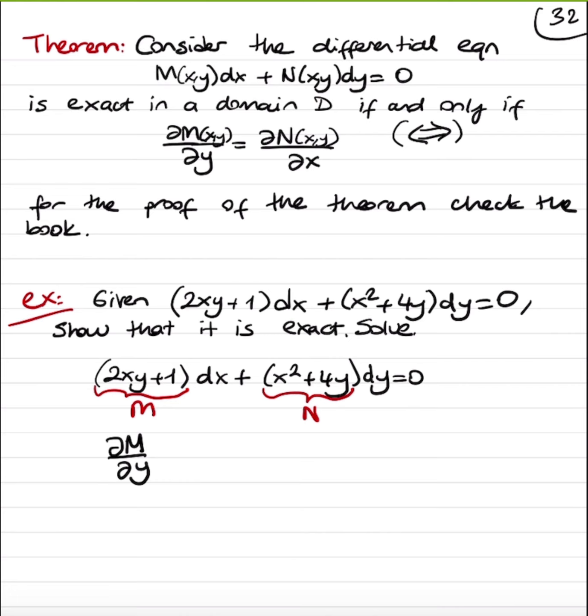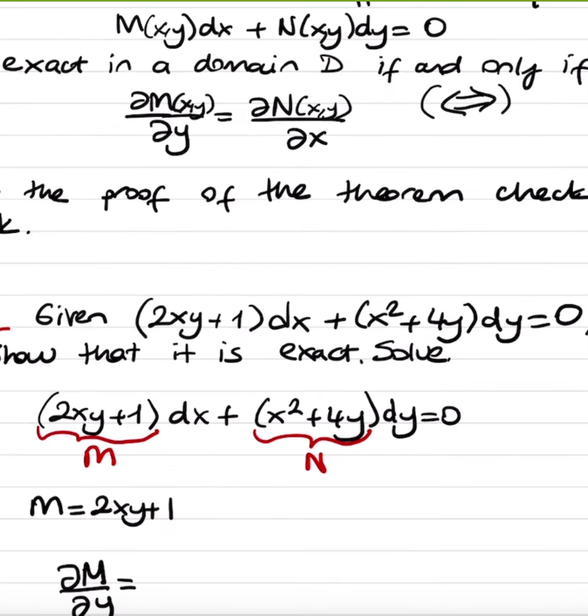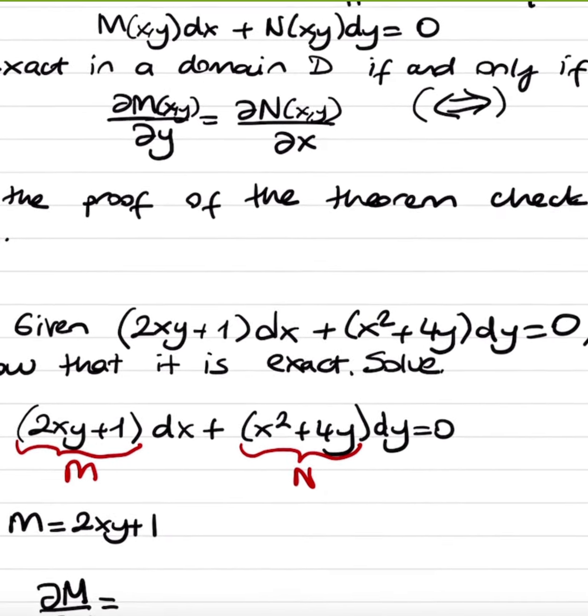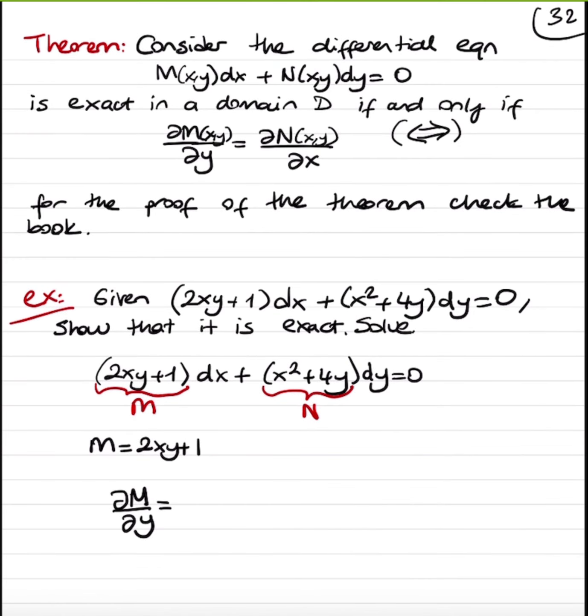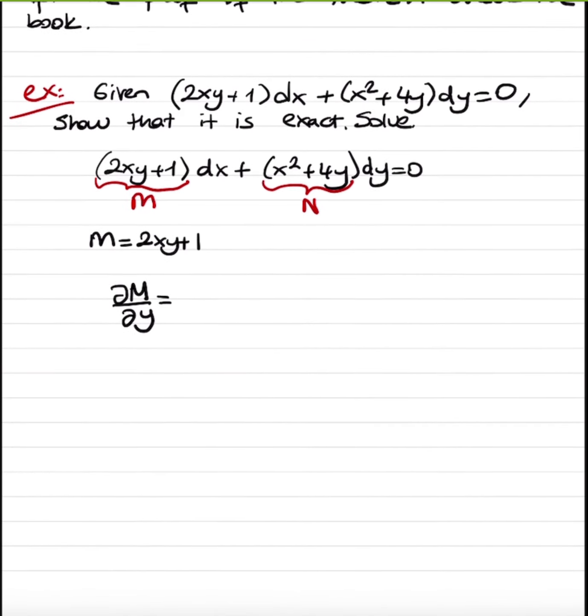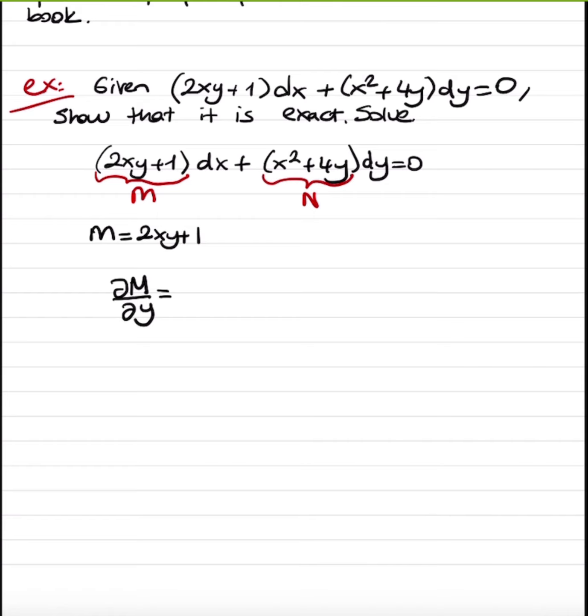Let me write what M is: M is equal to 2xy plus 1. Then what is its derivative with respect to y? We think of x as a constant, and its derivative is 2x.